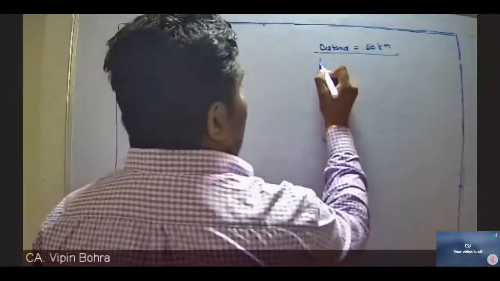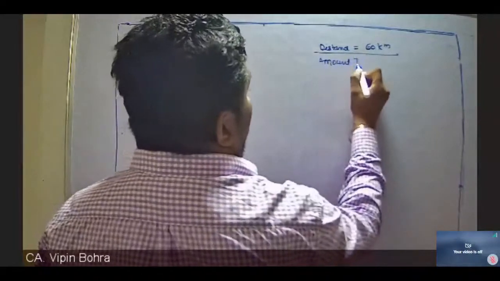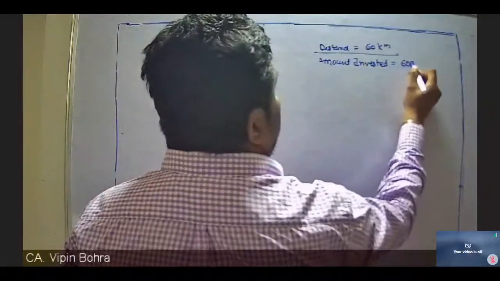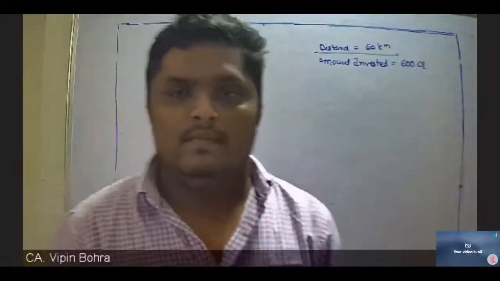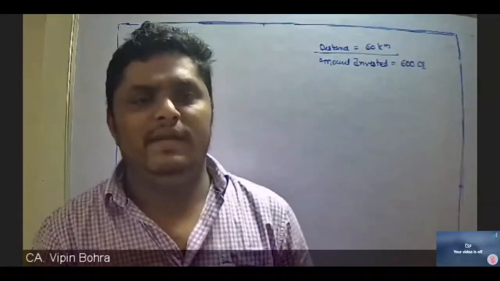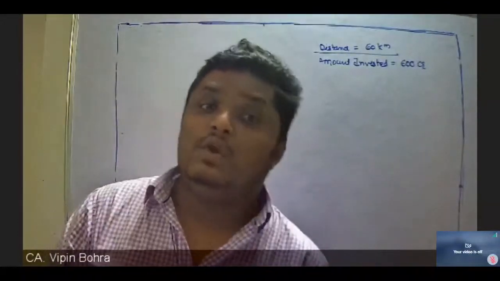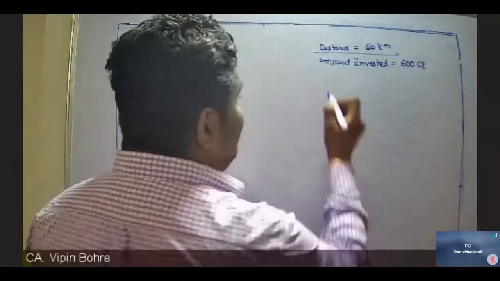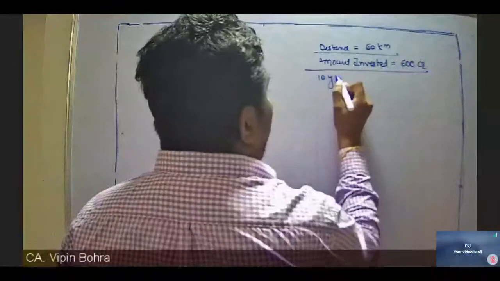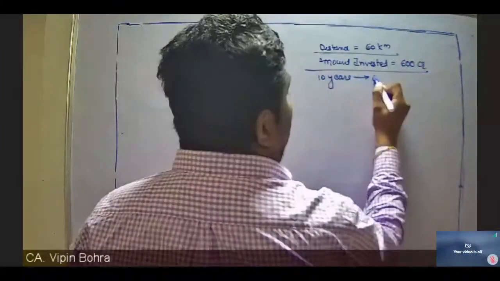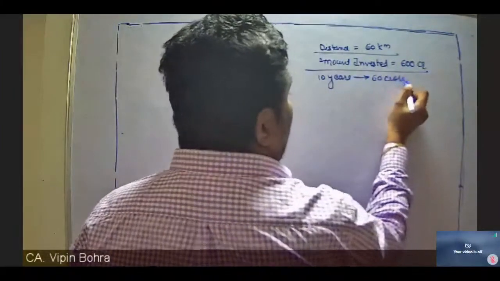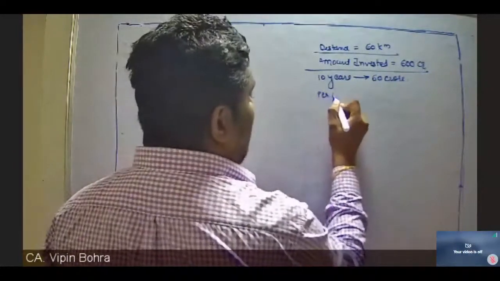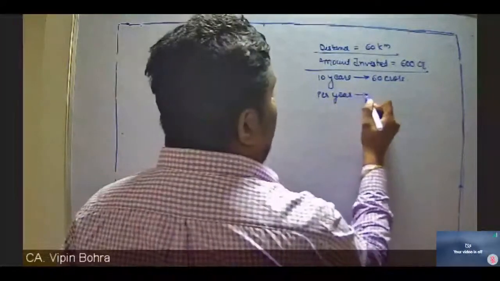Amount invested, 600 crores, to build the road and estimated that a total of 60 crores vehicles will be using the highway in 10 years. So how many vehicles in 10 years? 60 crores vehicles in 10 years. So we can say per year how much? 6 crores.